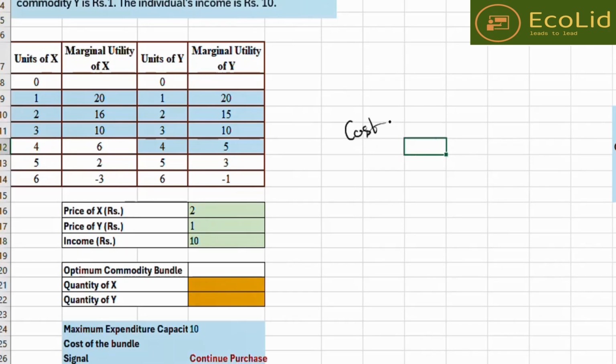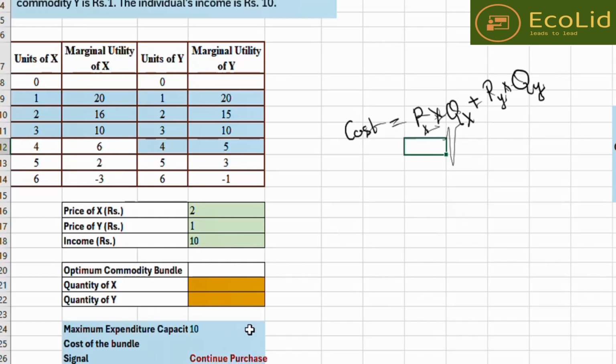Cost is equal to the price of the commodity multiplied by the quantity of the commodity. If we are talking about X, so price of X multiplied by the quantity of X. And if I add here the commodity Y's price, so commodity Y's price multiplied by the quantity of commodity Y, correct?